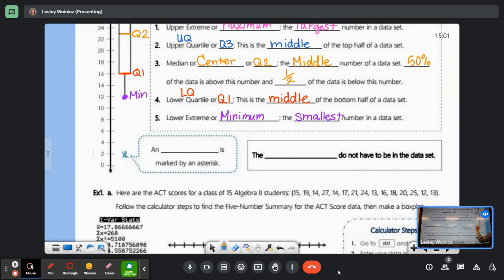You remember what we show with an asterisk? No? Nobody? Starts with an O. Outlier. Outlier, okay. Thank you.